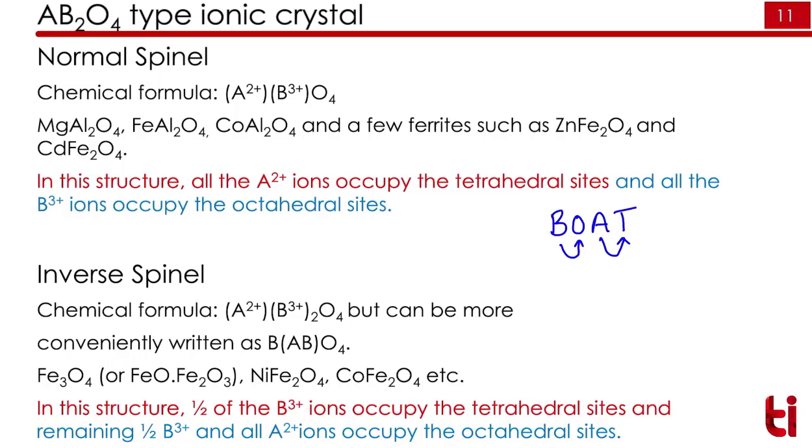Here half of the B occupy the tetrahedral site and the remaining half of B and all of A occupy octahedral sites. So again you have to remember it like this: all A and half of B occupy octahedral sites, and half of B occupy tetrahedral sites.